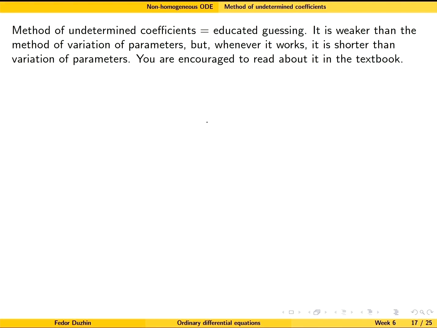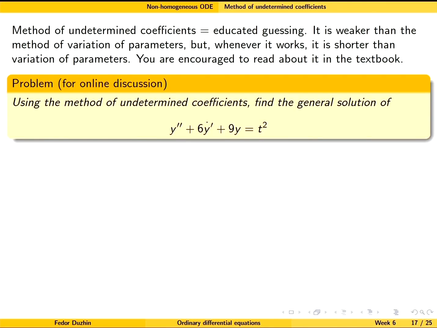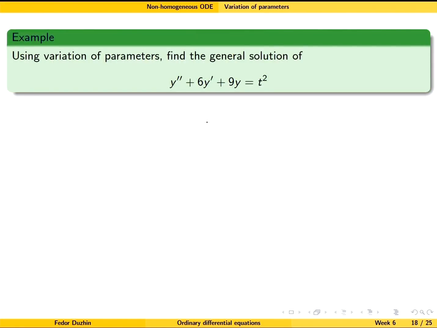The method of undetermined coefficients isn't going to work. But still, you are encouraged to read about the method of undetermined coefficients in the textbook and try to apply it to solve the general solution of this differential equation that I'm going to explain in the next few parts of today's lecture.